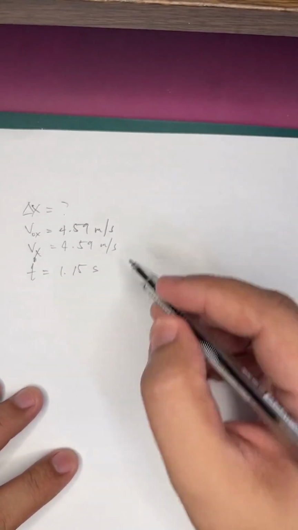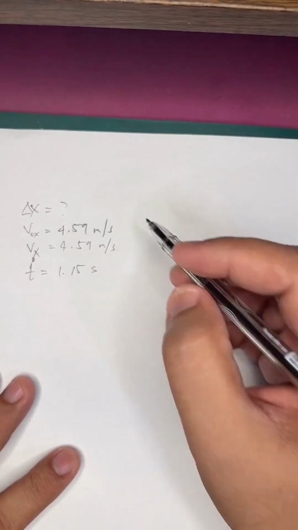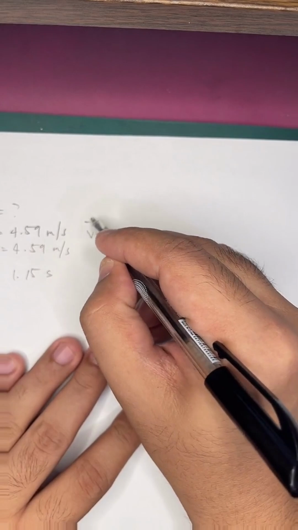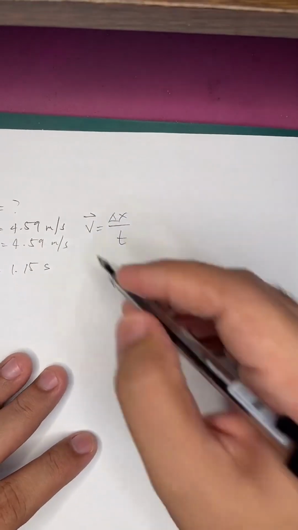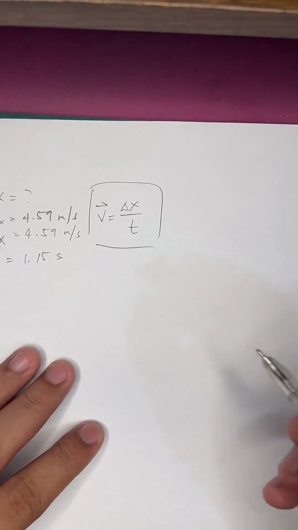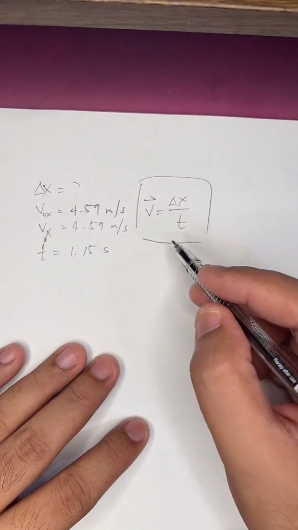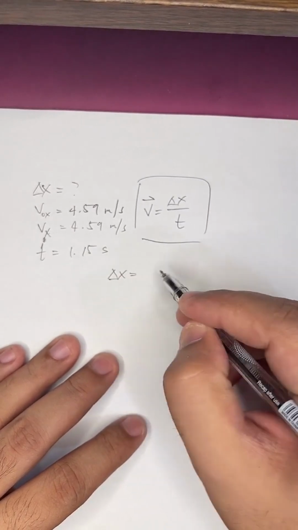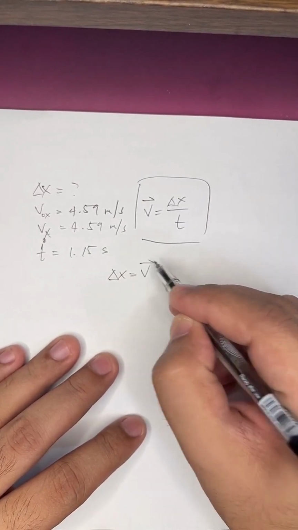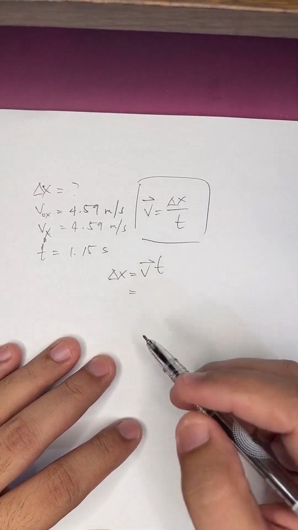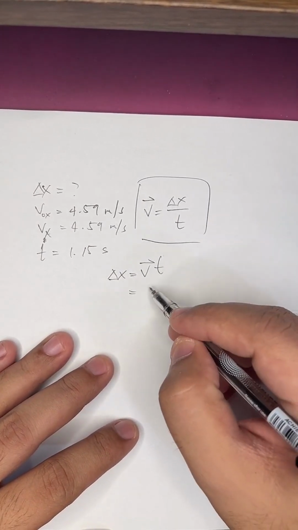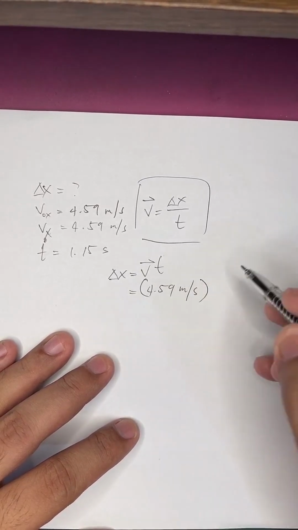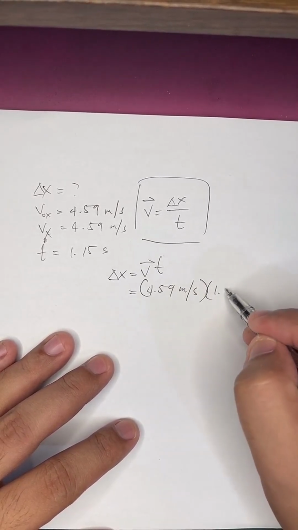And we can simply go about this problem just like a simple velocity equation. And what we will be having now is delta x equals v times t, which is the average velocity of 4.59 meters per second multiplied by time of 1.15 seconds.